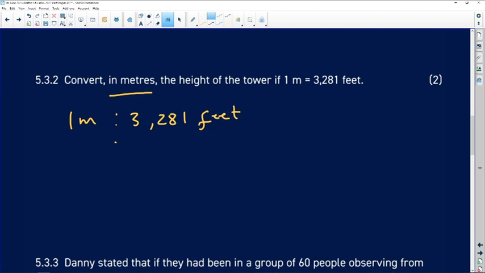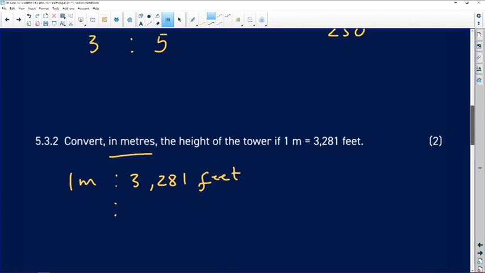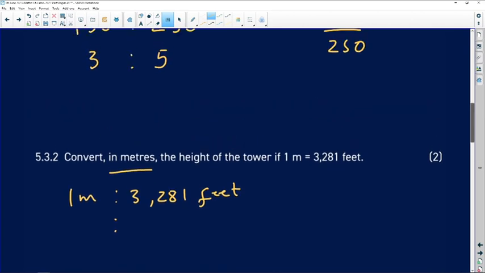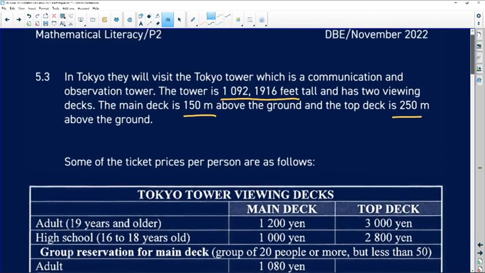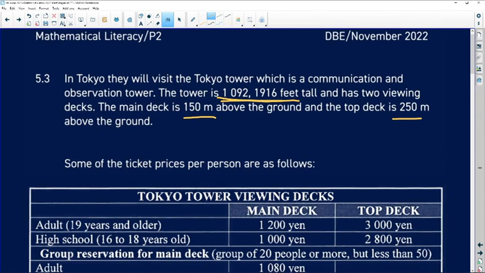So feet under feet, meters under meters. Let's go see the height of the tower. So this is the height of the tower. I'm going to write the height exactly as it has been given.